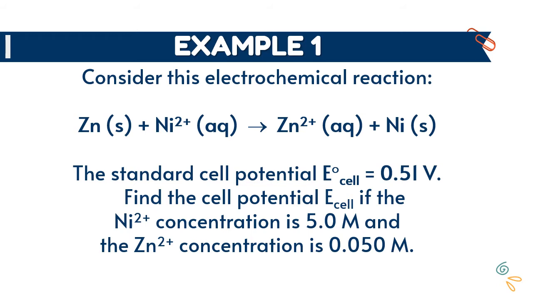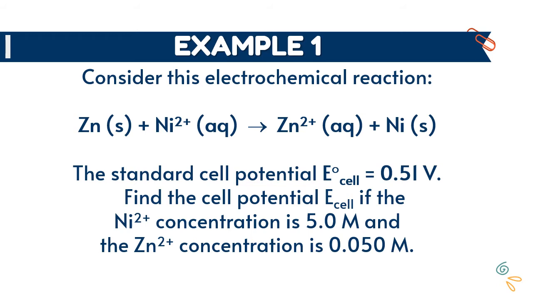Okay, the standard cell potential in a cell is 0.51 volt. So find the cell potential E cell if the nickel 2 plus concentration is 5.0 molar and the zinc 2 plus concentration is 0.050 molar.